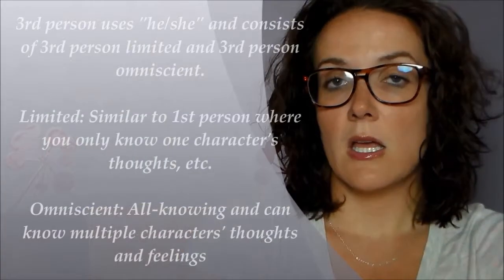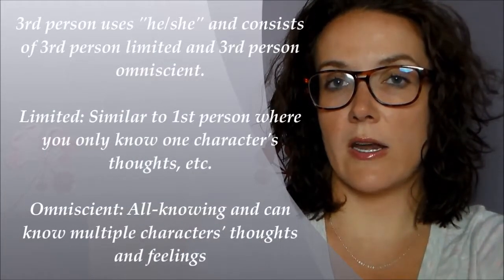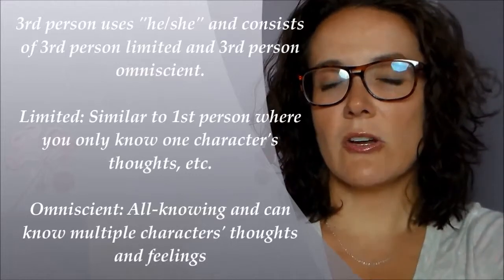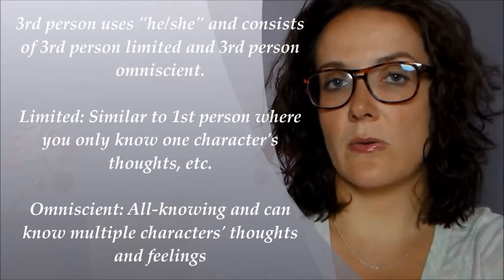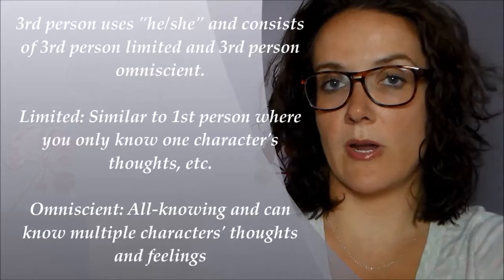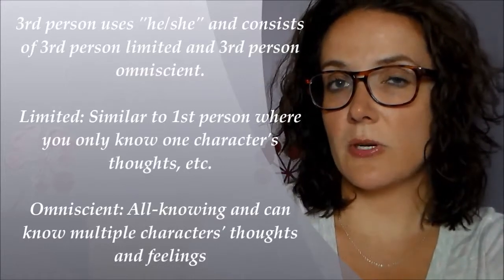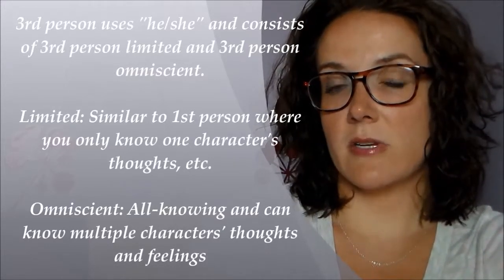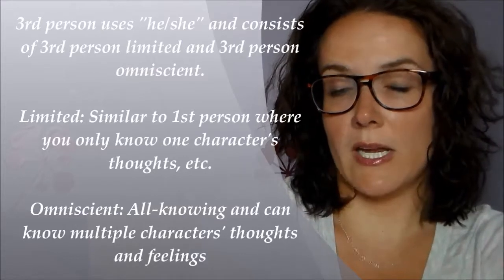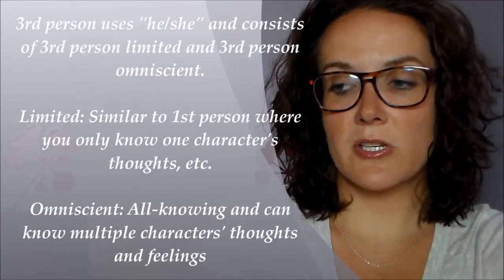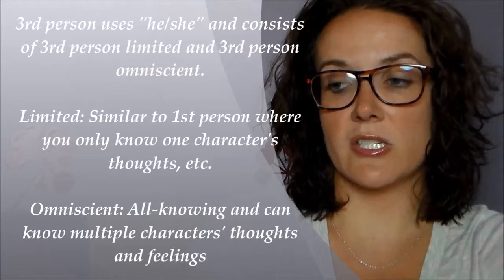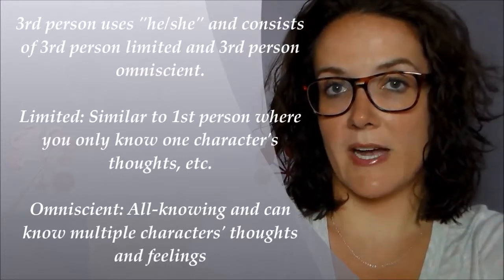Then there's third person, and third person can branch off into 2 different categories. There's third person limited, where you're a narrator who can climb into maybe one character's head, but you're using the pronouns he and she. And third person omniscient basically means all-knowing. So if you're using third person omniscient, you climb into multiple characters' heads and you're getting multiple perspectives.